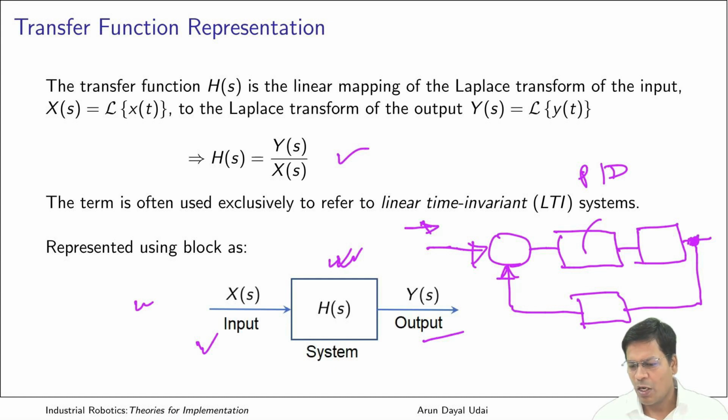This is the output which is sensed. You have a transfer function over here, that is the feedback transfer function. Similarly you have a controller transfer function and a robot transfer function. Every stage has an input and an output, and each block represents one transfer function.